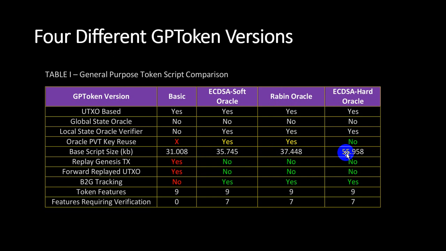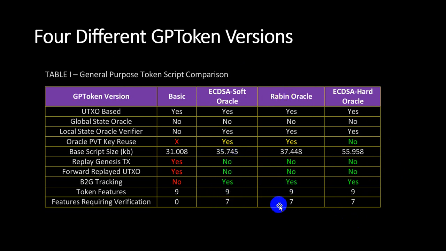56 kilobyte script. The difference between the hard and the soft is that in the hard Oracle, the Oracle always signs the transaction with a different private key, whereas in the soft ECDSA Oracle, it always signs with the same private key.